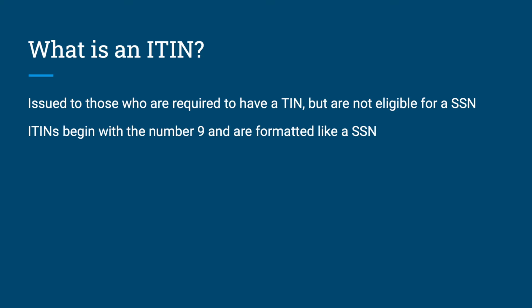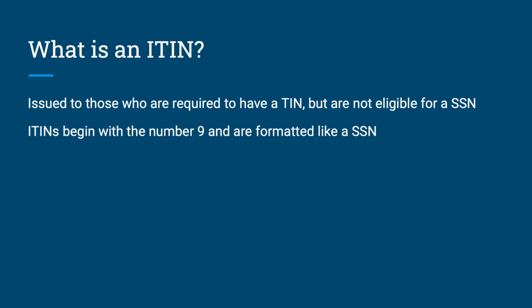And so I think we all know what a social security number is for the most part, so I'm going to go ahead and skip over that and go straight to what is an ITIN. So basically what an ITIN is that it's issued to those who are required to have a taxpayer identification number, but they're not eligible for a social security number. So this could be for a whole host of reasons, but basically it acts almost as a substitute for the social security number here, and it's given to individuals who are not eligible for that SSN.